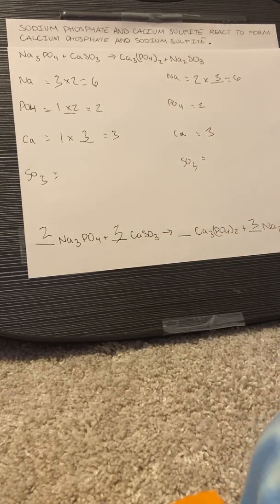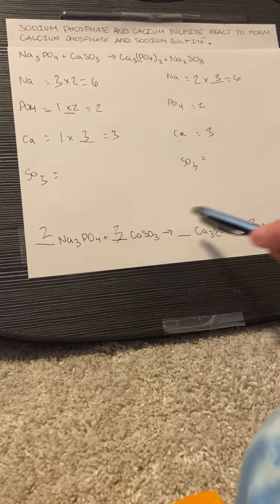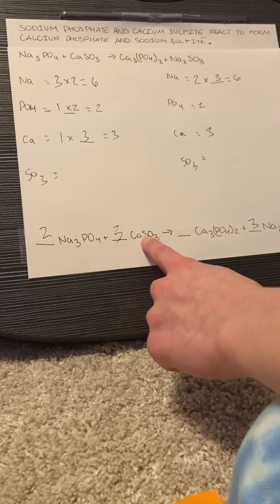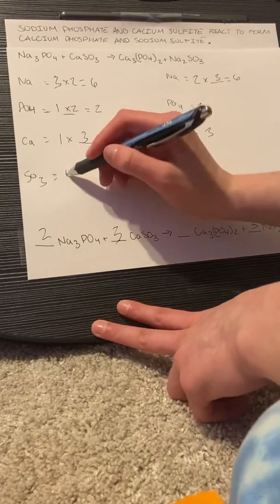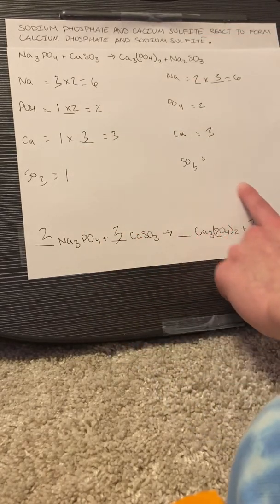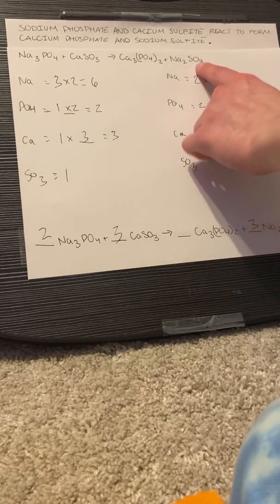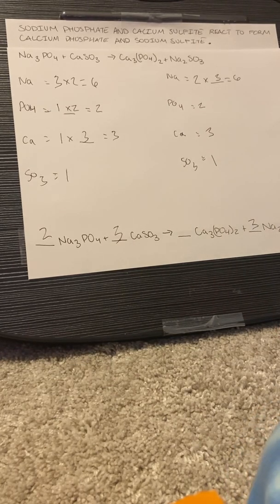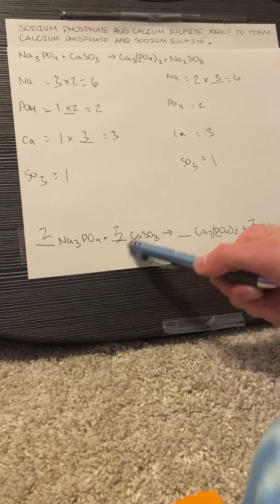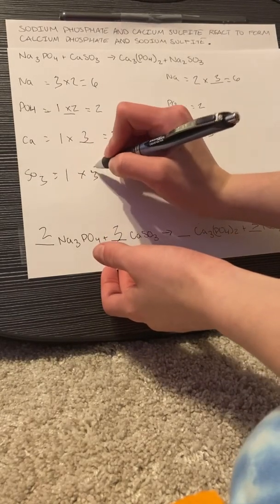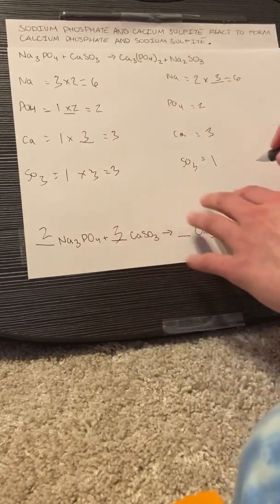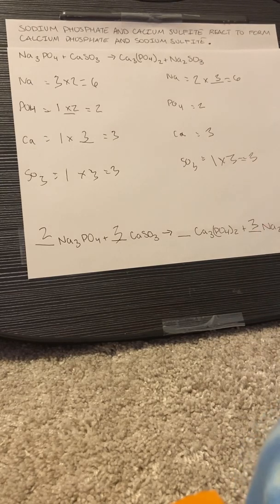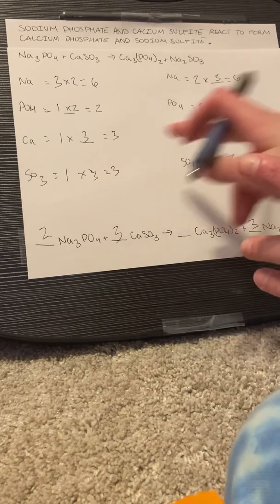As you can see, this did affect our SO3 on both sides of the equation. But SO3 over here, there's just 1, and over here, there's also just 1. So when you multiply it by 3, it equals 3 on this side and also equals 3 on this side. So you don't have to worry about that. It's already going to be balanced.